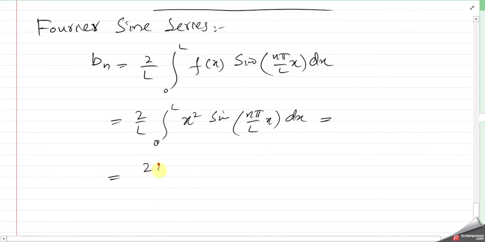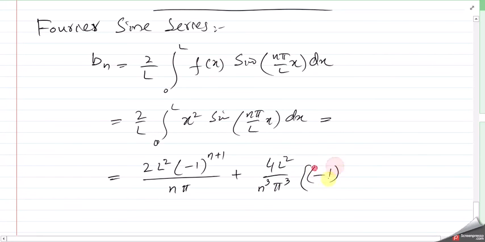So I hope you can solve it yourself. 2L square, this is L square, minus 1 power n plus 1 over n pi plus 4L square over n cube pi cube minus 1 power n minus 1.